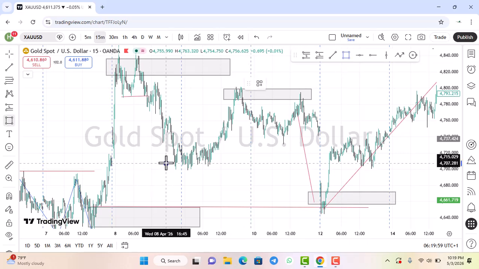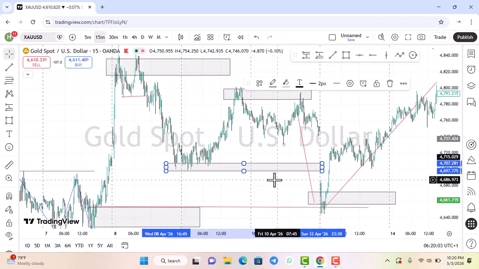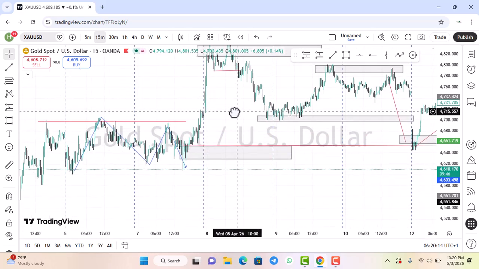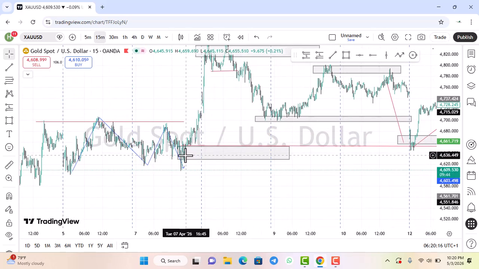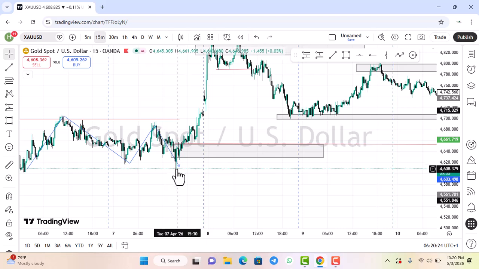This is our support level, right? Okay, let me start from here. This is our support level. So before price leave this support level, we have rejection candle. Look at it. This long wick, long candle with long wick, that's rejection candle.